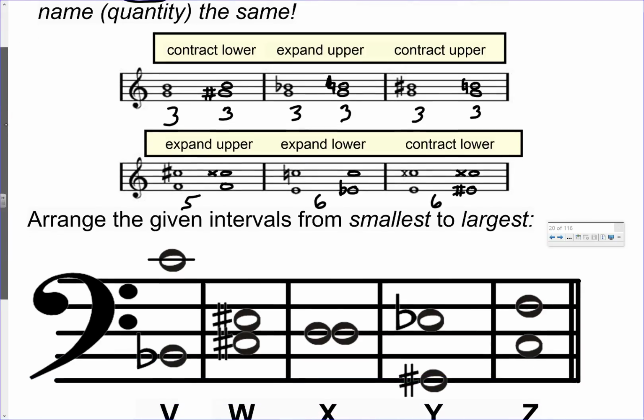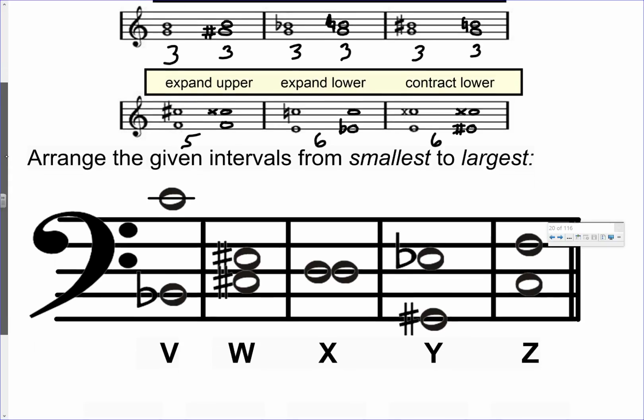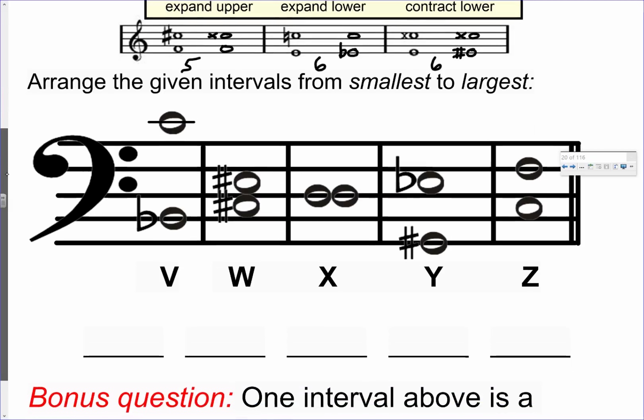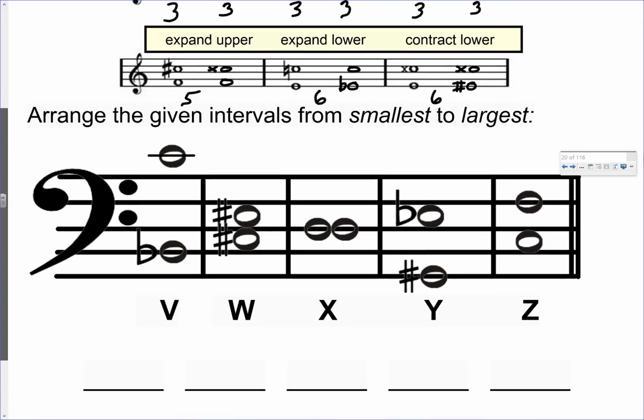Now we're going to look down here, and we need to arrange these given intervals from smallest to largest. So first, what I'm going to do, and you should do this with me, is identify the generic number or the quantity for each interval.